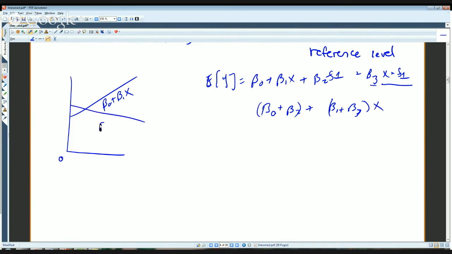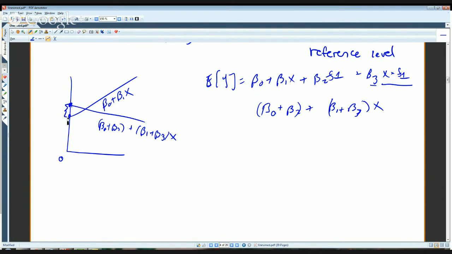So this is the line beta naught plus beta 2, and then plus beta 1 plus beta 3x. Okay? So what is beta naught plus beta 2? Well, that's the intercept, right? So beta 2 is the change in the intercept between the two fitted lines.